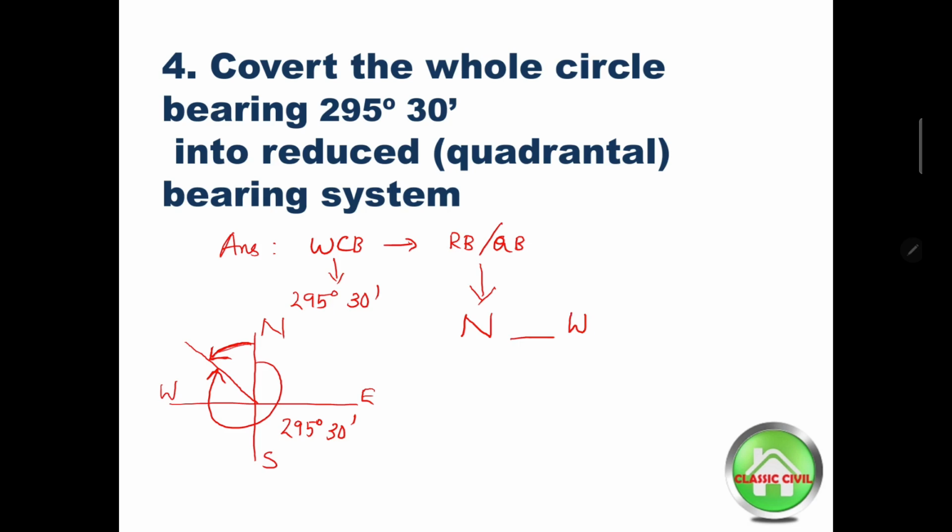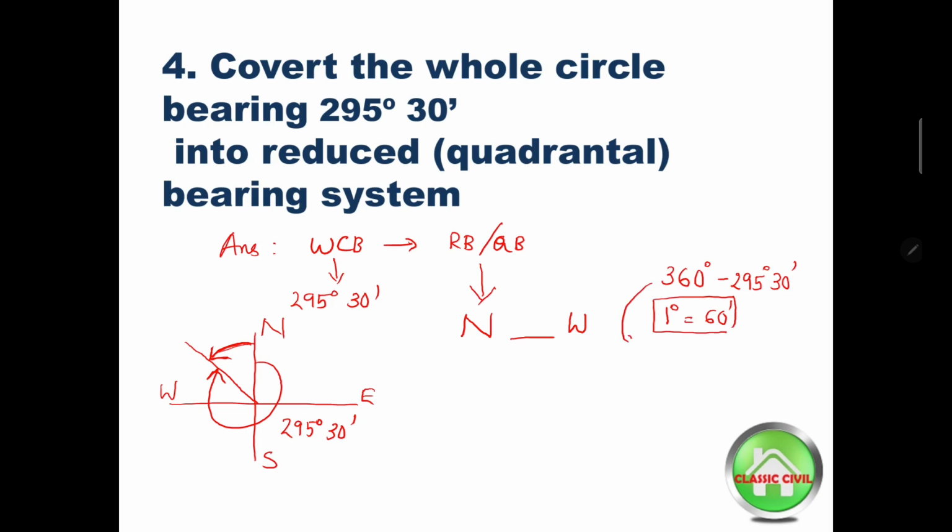Here we have to take the difference between 360 degree and 295 degree 30 minutes. So 360 degree minus 295 degree 30 minute. As we all know, 1 degree is equal to 60 minute.